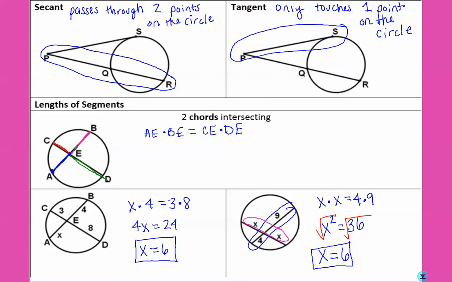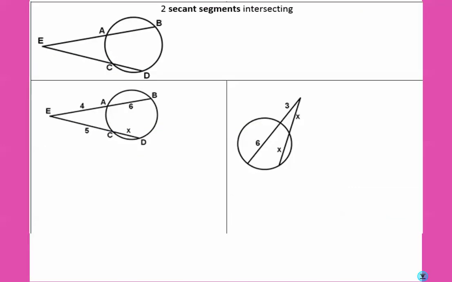So this is when they're intersecting inside. If they're intersecting outside, like here they intersect at point E, we're still going to use from each outside point to the intersection point for our equation. So we're still going to do A to E times B to E, but be careful, we're going B all the way to E. So this whole thing is BE.